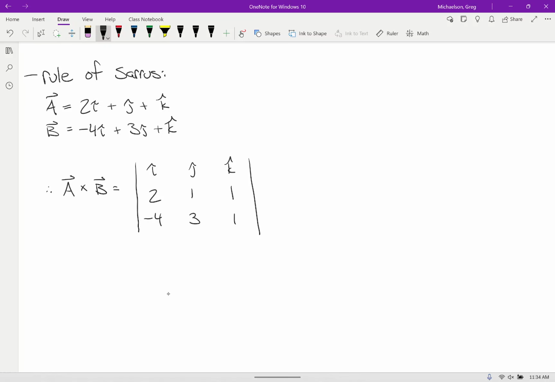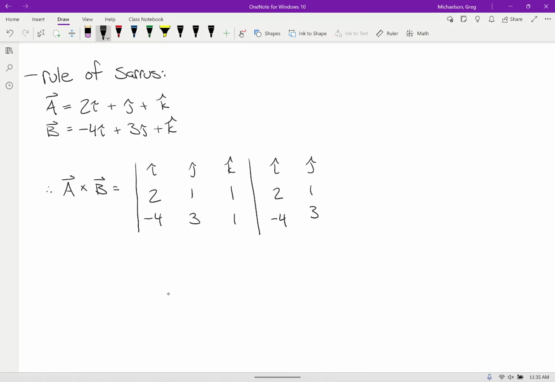The rule of Sarrus says we take this column and this column and write them again. Then we take all of our diagonal products this way and make them positive, and all our products this way and make them negative. Look at this equation: how many terms do you have? 1, 2, 3, 4, 5, 6, if we were to carry all this out. Three of them are going to be positive, three of them negative, so that's where this is coming from.